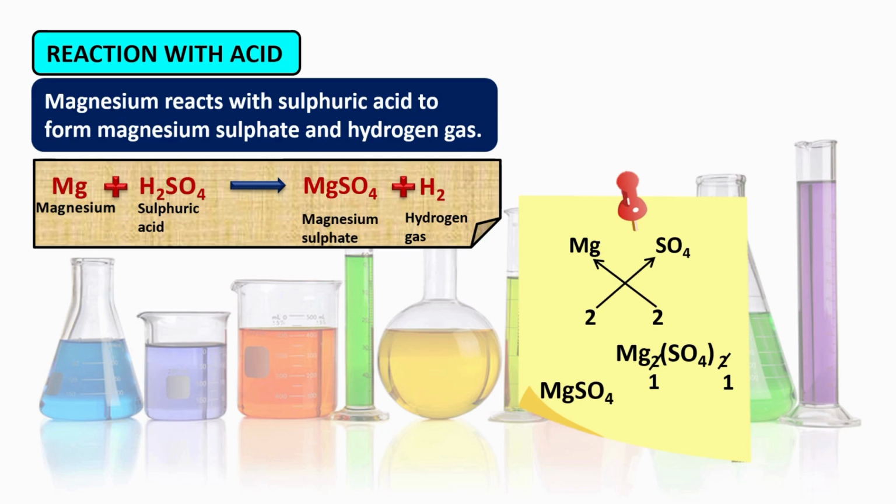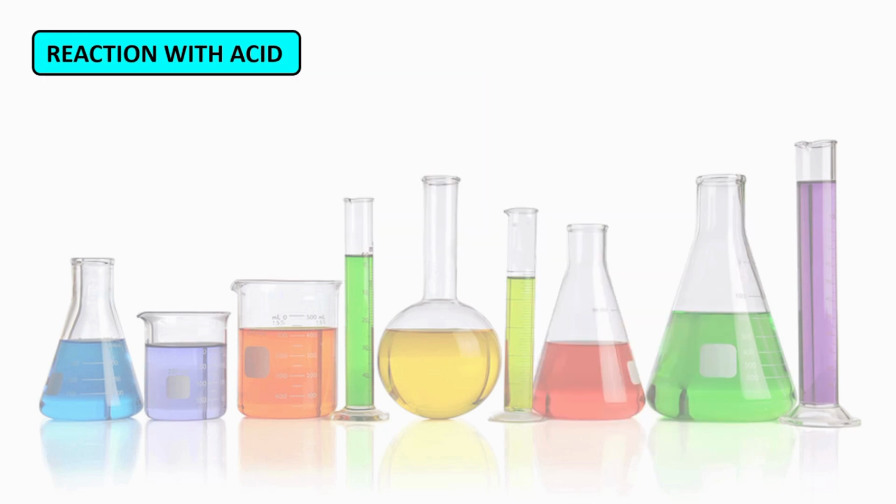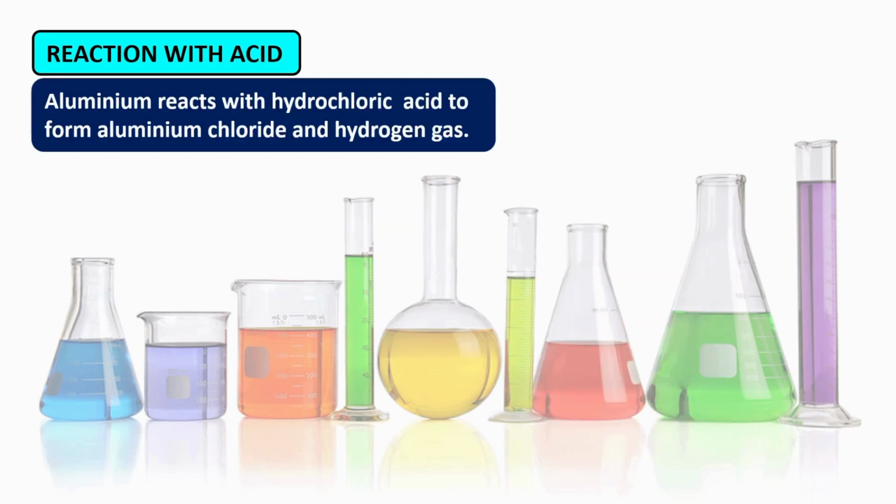So, Mg, magnesium, plus H2SO4, sulfuric acid, gives MgSO4, magnesium sulfate, plus H2, hydrogen gas. Aluminium reacts with hydrochloric acid to form aluminium chloride and hydrogen gas.